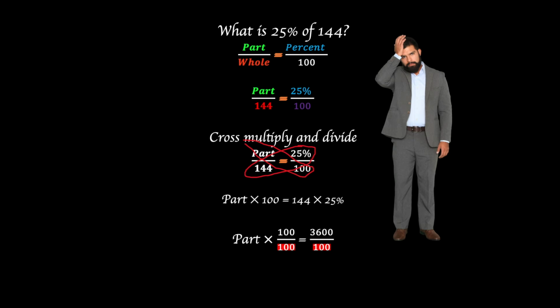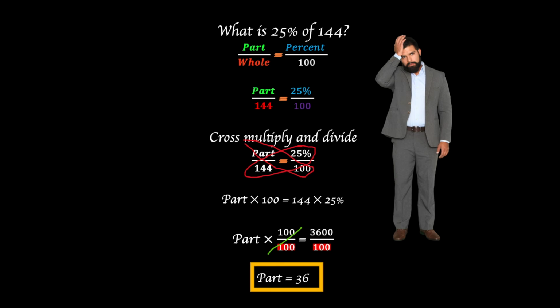So we're going to divide both sides by 100. So 144 times 25 is 3,600. We divide that by 100. 100 divided by 100 on the left side is 1. So we're only left with the part. 3,600 divided by 100 is 36. So in this case, the part, which was the missing variable in the equation, is 36.